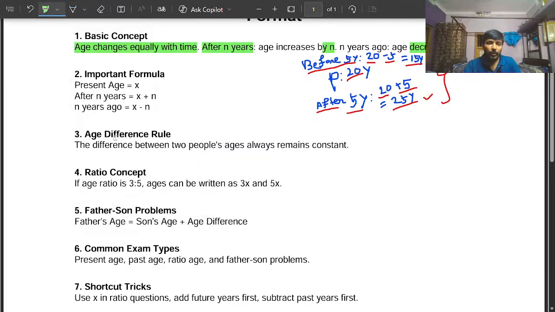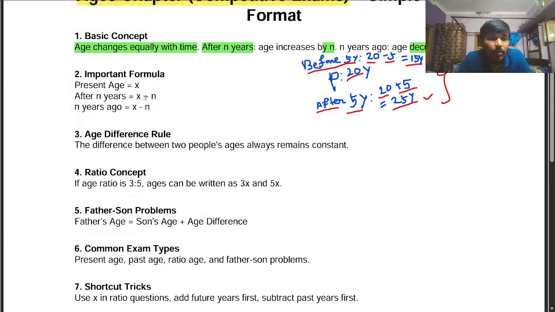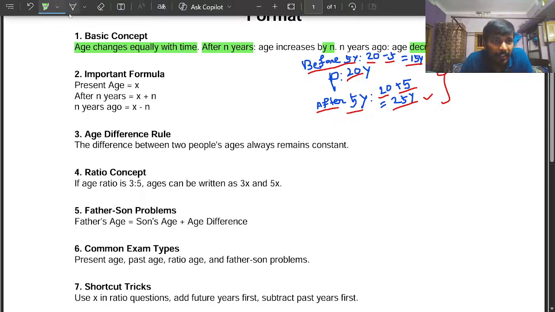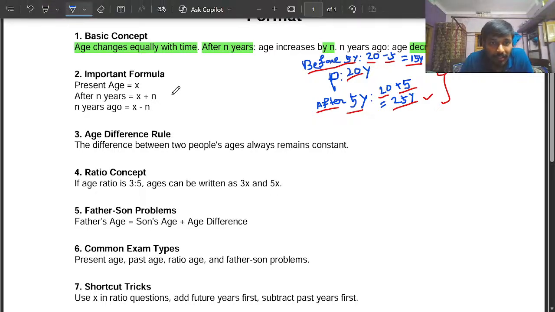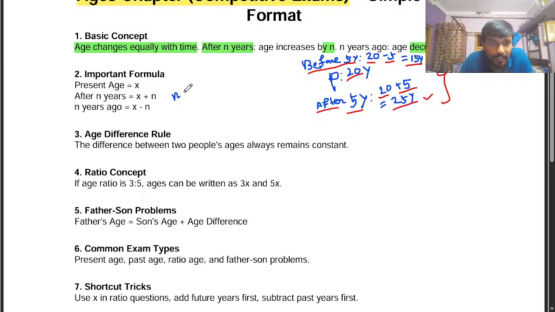Now, if we represent number of years, n equals what? N is the number of years.